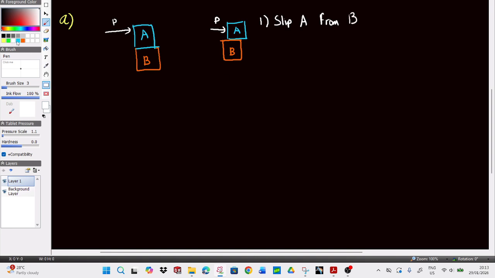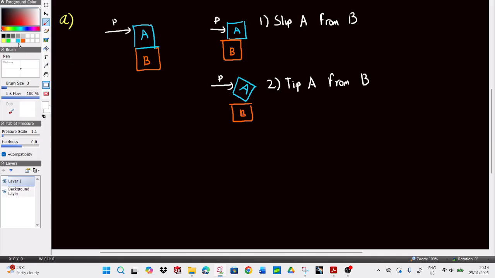The second possibility is that the force P is large enough to tip box A off box B. So that's the second possibility: tip A from B.